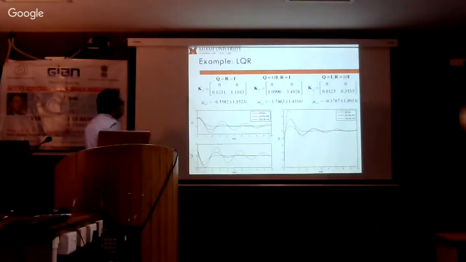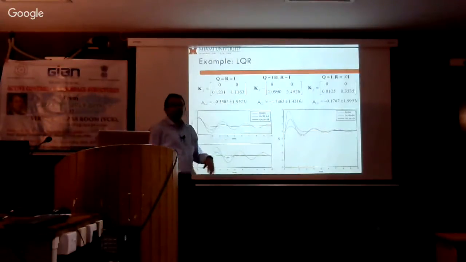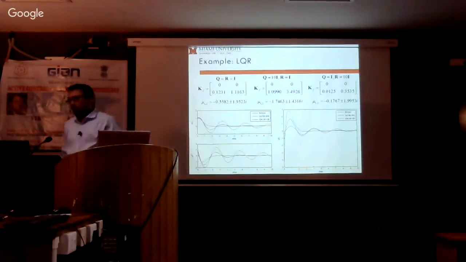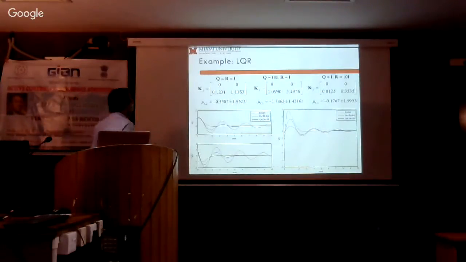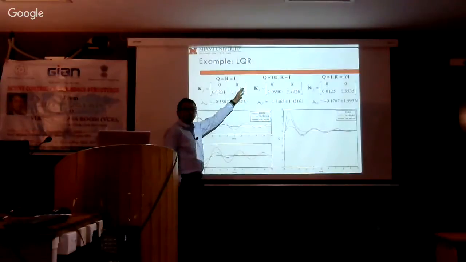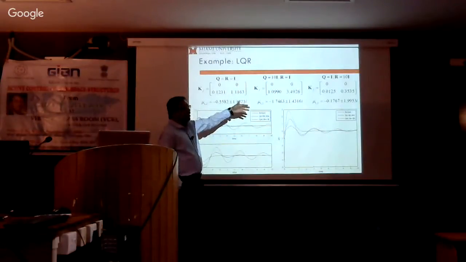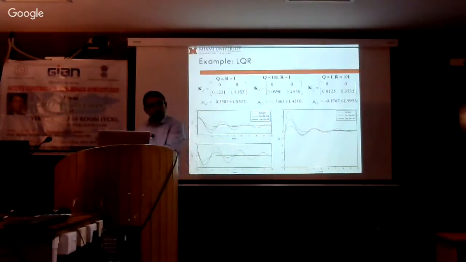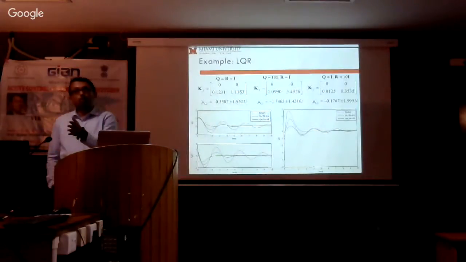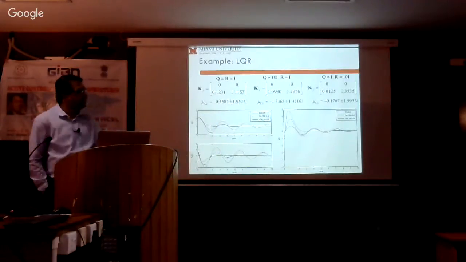I have shown you three different choices of the Q and R matrices. In the first one, I chose Q and R to be the same. In the second one, I chose Q to be 10 times more than R; I preferred more weightage on the state.